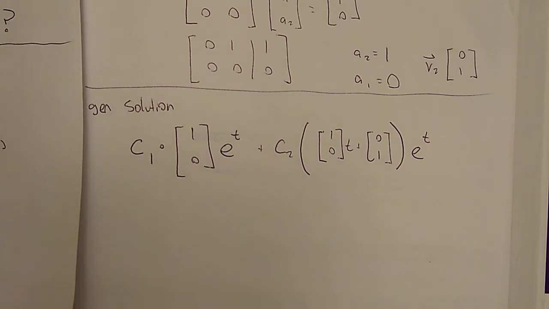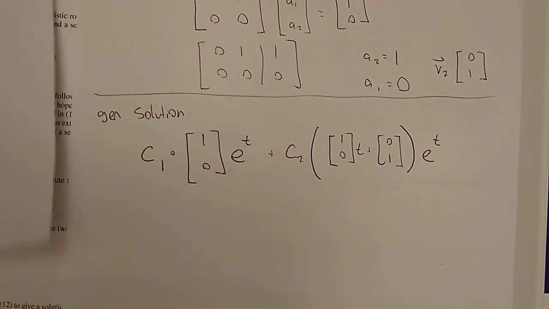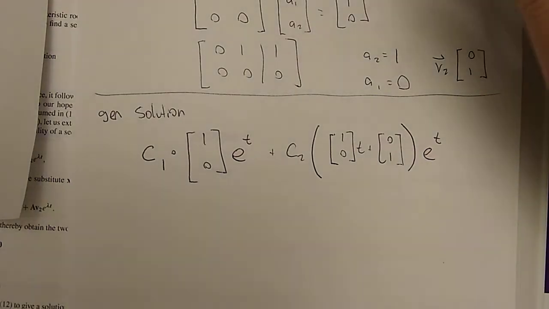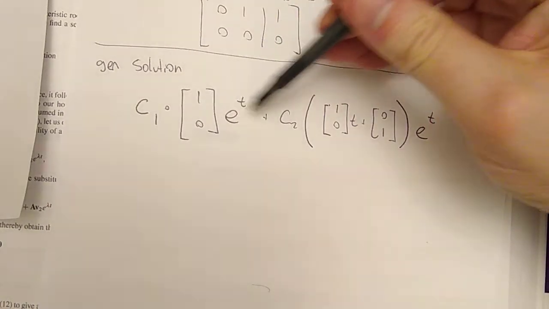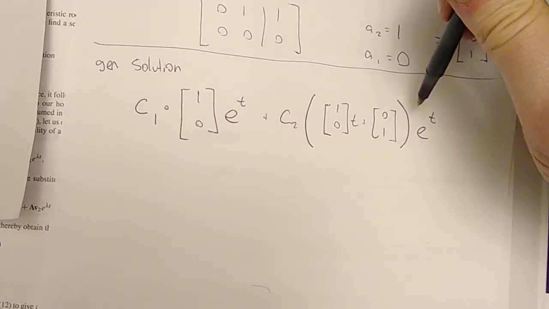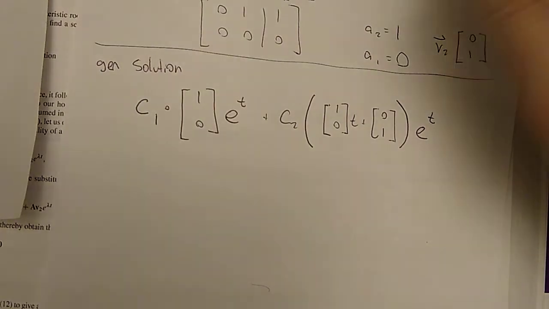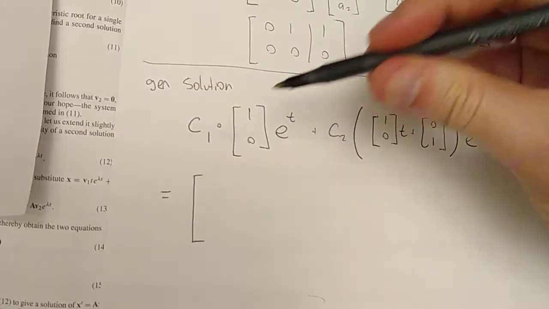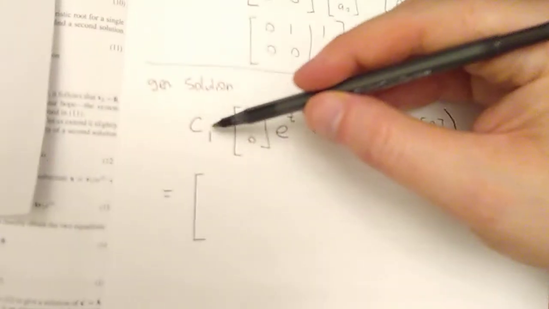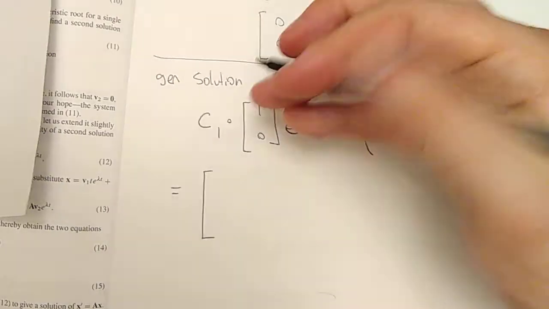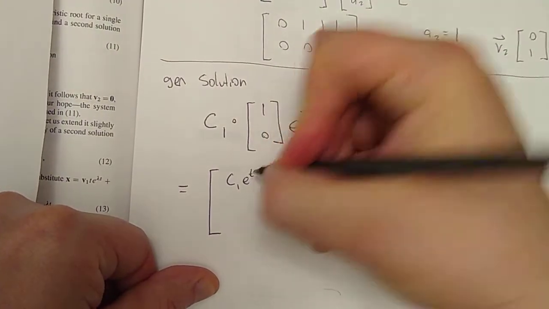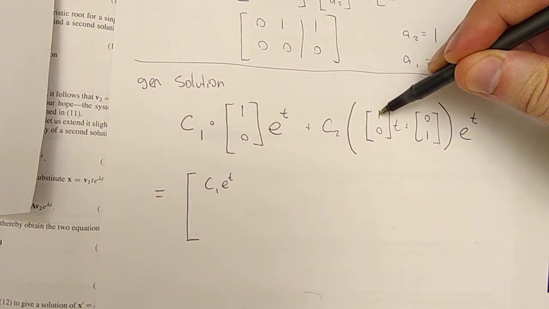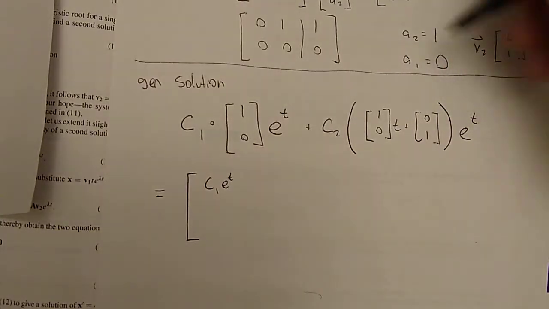Okay, and let's do one last thing. I would like to check this answer against the other one that we got. Let me completely combine these vectors. In the top coordinate, I would have C1 times 1 times e to the t. I would also have a C2 times 1 times t times e to the t.